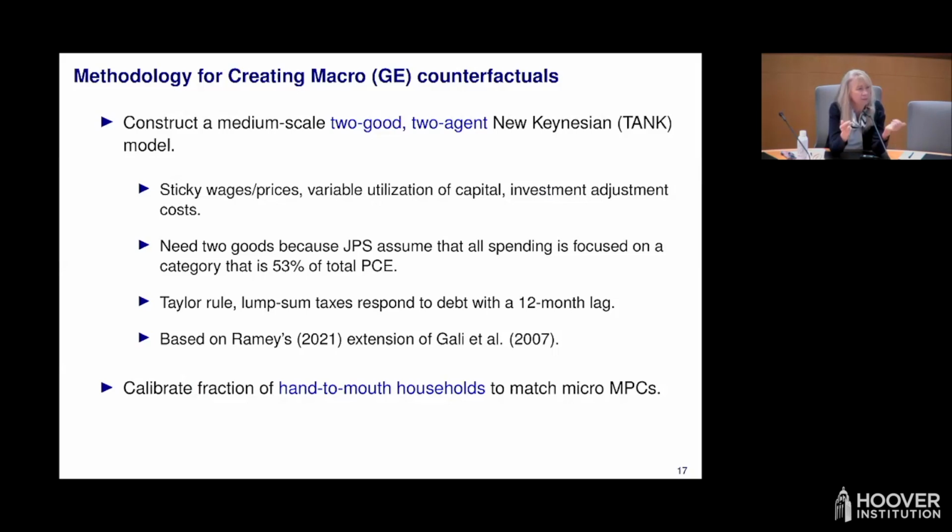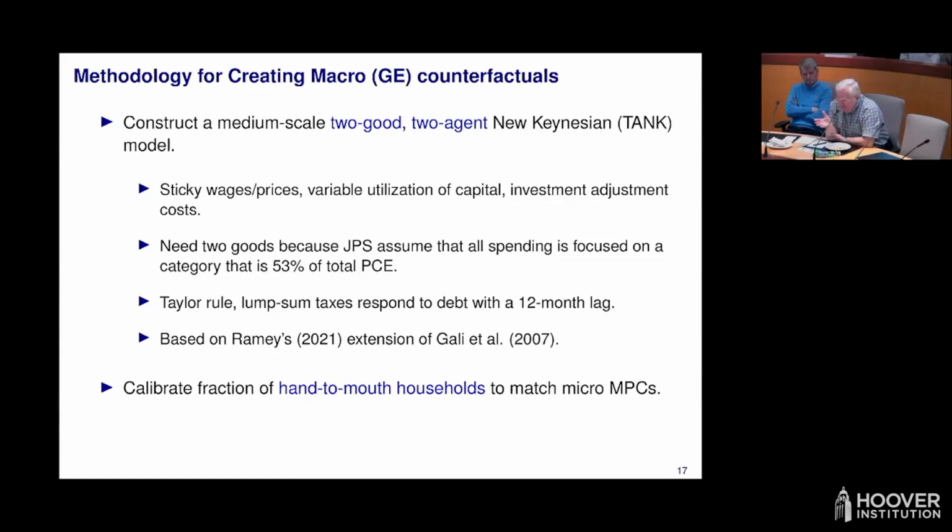We use a Taylor rule, lump sum taxes, and we assume they respond to debt with a 12-month lag, just so that we don't have any taxes changing. Wait, so you're assuming that, which of course is totally counterfactual, because the debt level grew substantially during the early 2000s.